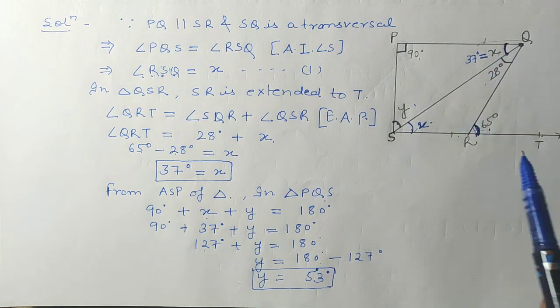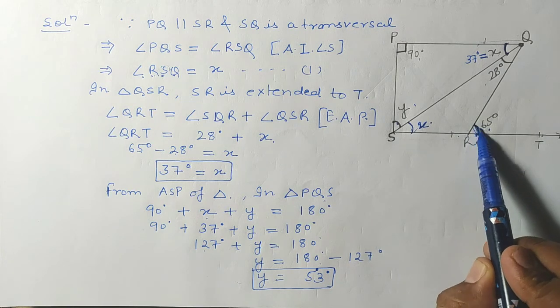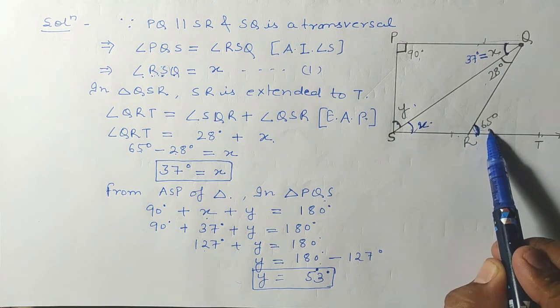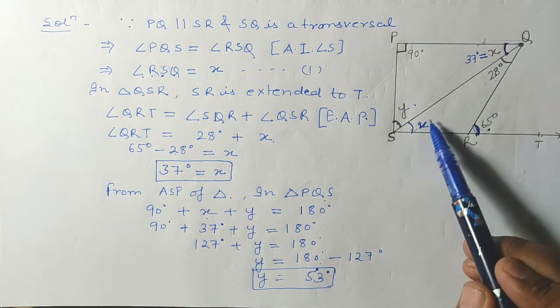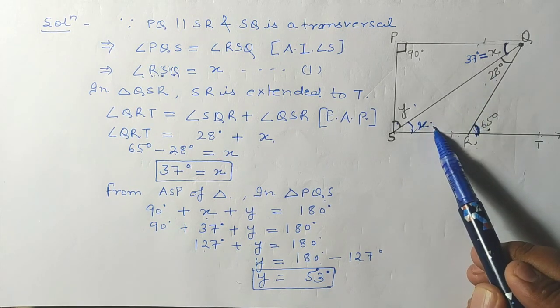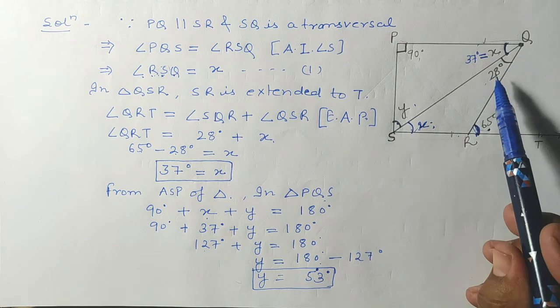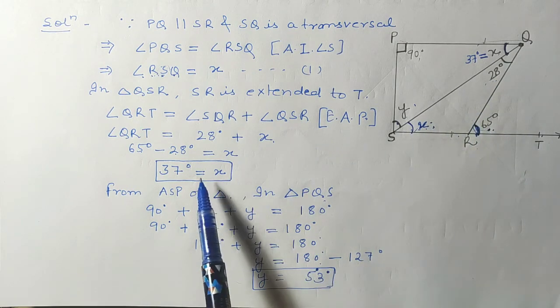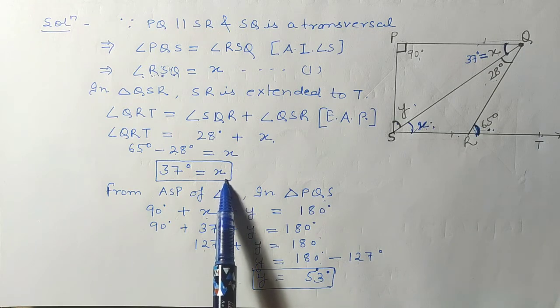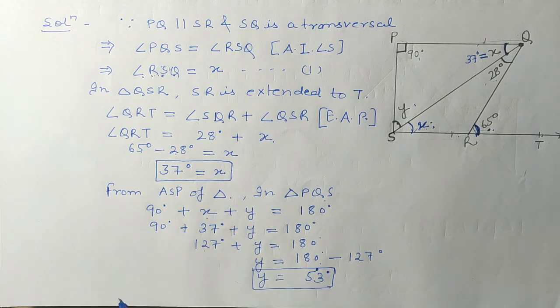Now from the exterior angle property, if this angle is 65 degree, then it will be equal to the sum of two opposite angles. So 28 degree plus x is equal to 65 degree, and we have calculated the value of x, that is 37 degree. If this is 37, then this will also be equal to 37.